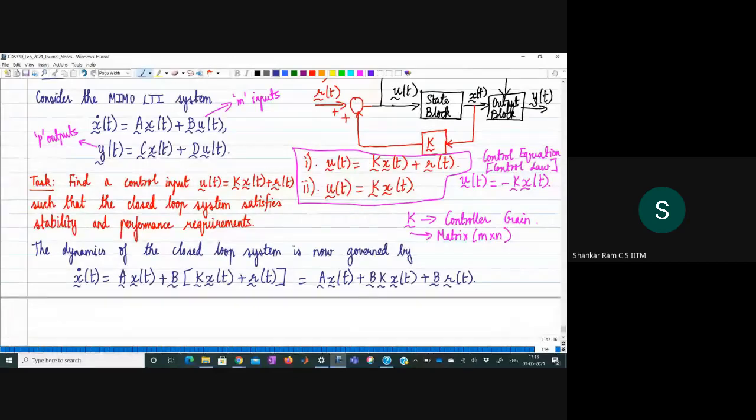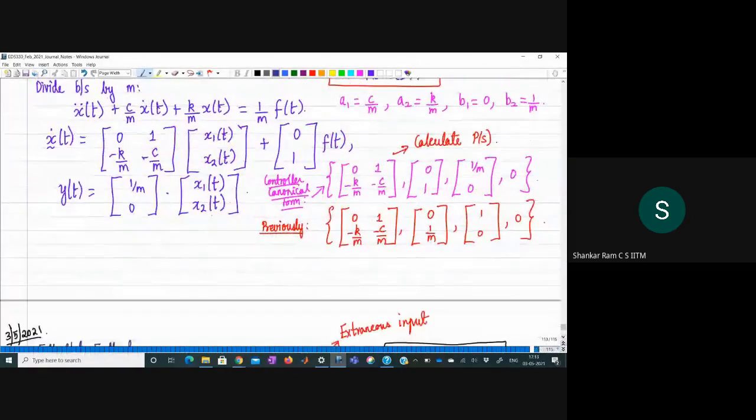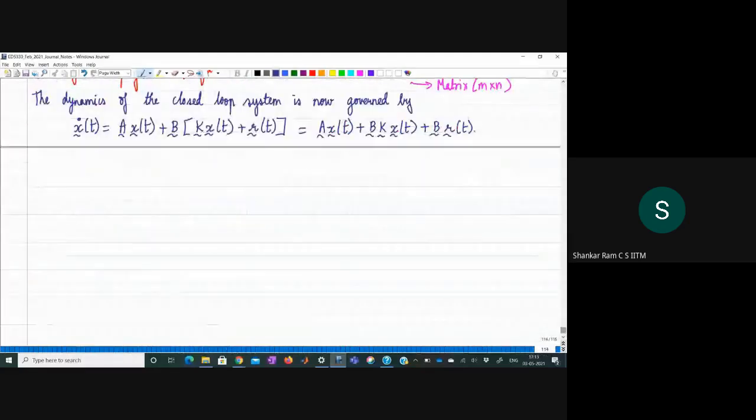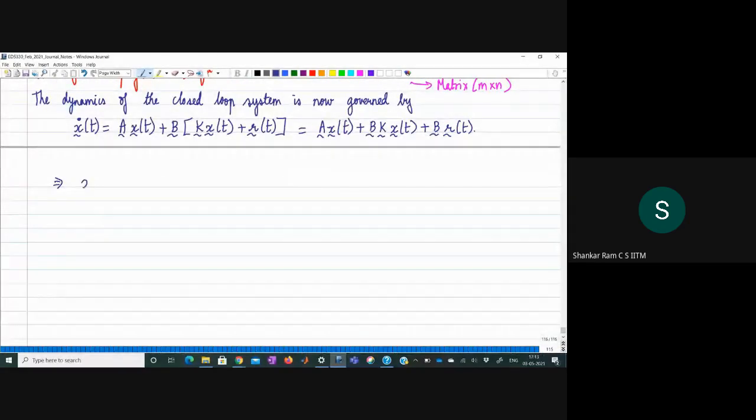Now, if we look at this and simplify it, we will get x dot of t is equal to a plus bk times x of t plus b r of t.